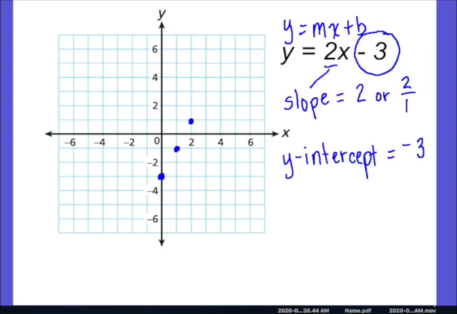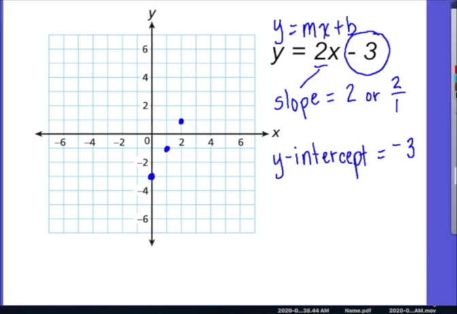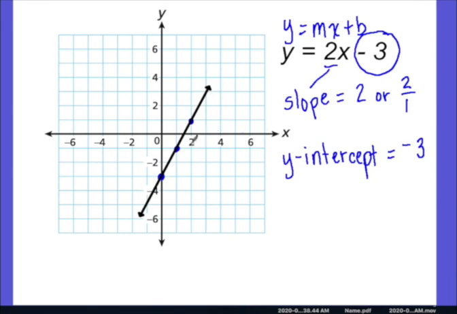So now that I have a few points on my graph, I'm going to connect those points, because this is a linear continuous equation. And I can see that if I rise 2 and run 1 more, that point is on my line.